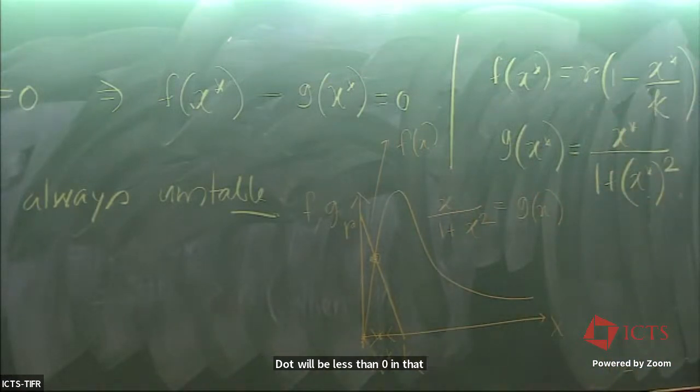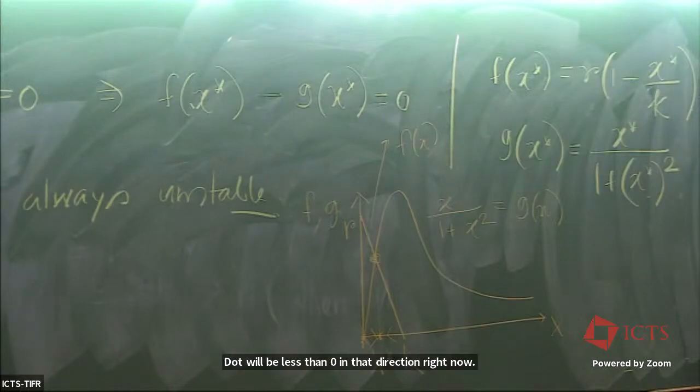Now you see, you cannot play with x by 1 plus x square, right? There is no parameter involved. But I can obviously play with these parameters r and k, right?